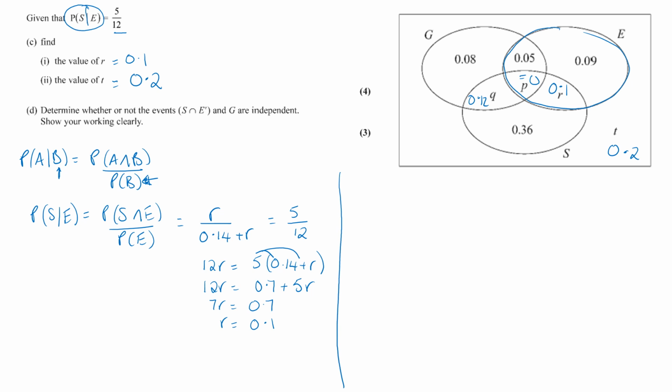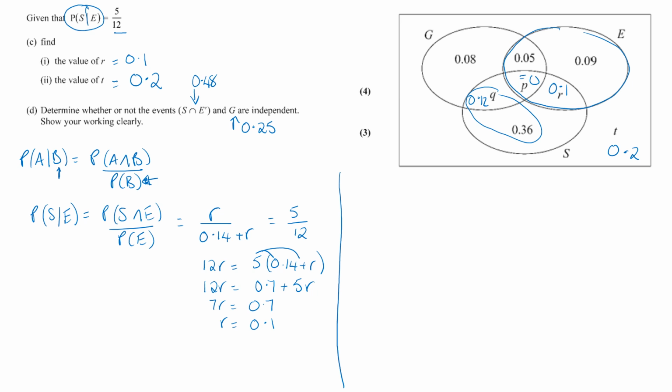Now in part D, determine whether or not the events S intersection E dash, so that's not being in E, where does that intersect with S? So not being in E intersecting with S is just these two, so that is going to be 0.48, and G, we were told in the question before, is 0.25.